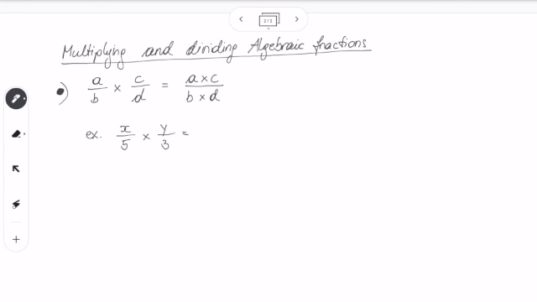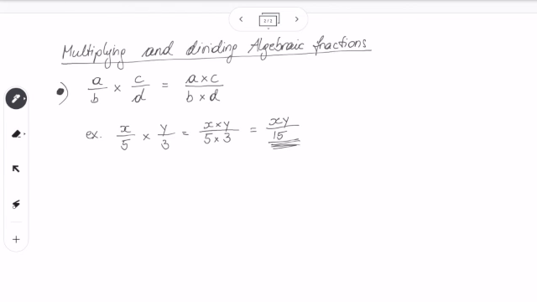So, using the rule that we just learned, we need to multiply the numerators, x times y, and we need to multiply the denominators, 5 times 3. We know from chapter 4a that x times y is written as xy over 5 times 3 gives us 15. That's the solution to that question.